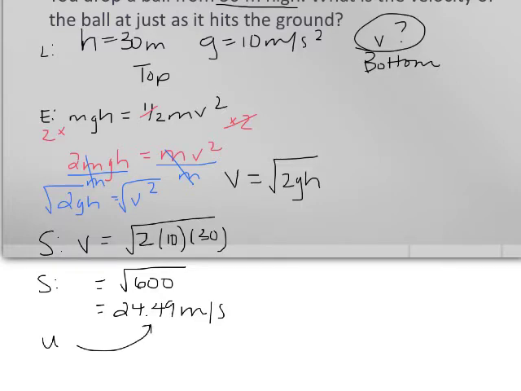So this is a very special case. You can also use this in a reverse sense. Say you're given the velocity you throw something up with, and you want to find maximum height. Again, you'd be setting PE equal to KE, and the m's would cancel out.